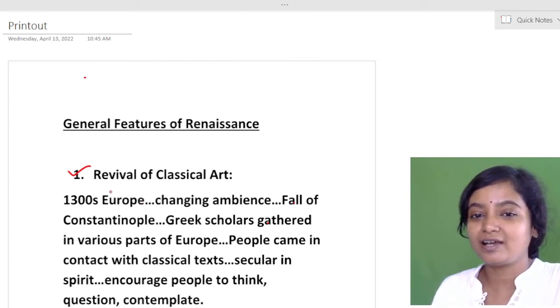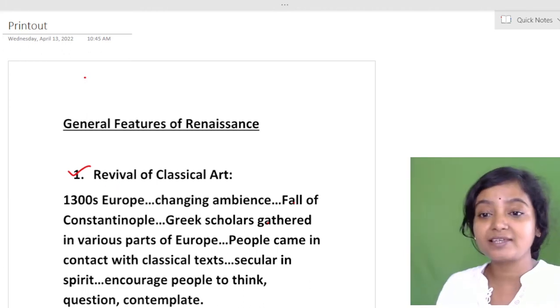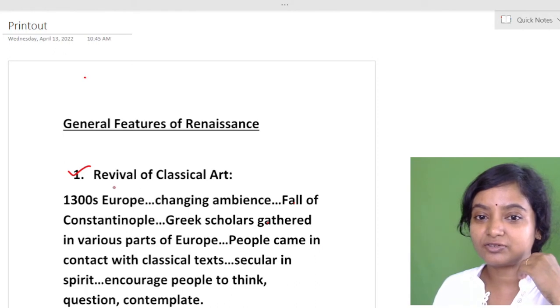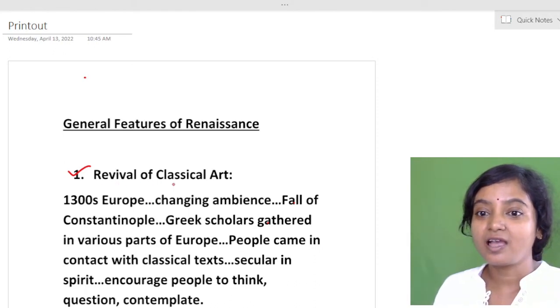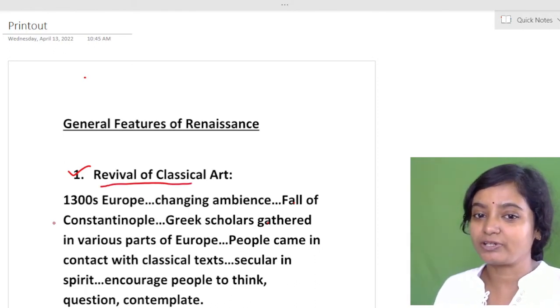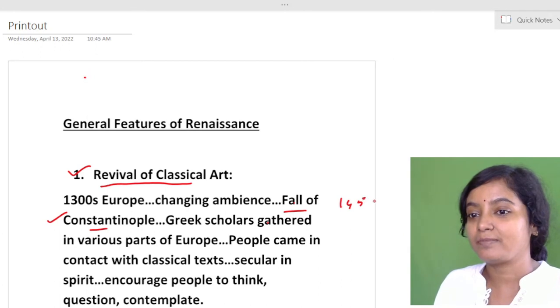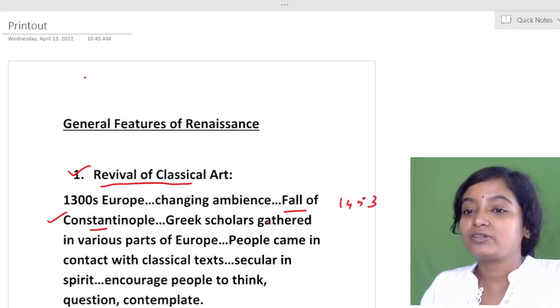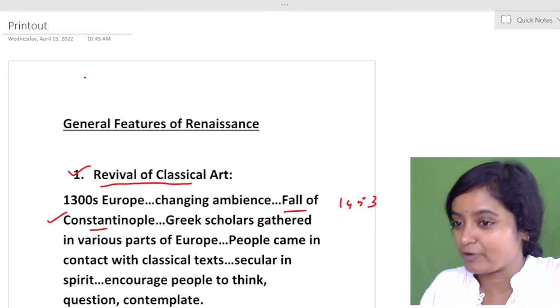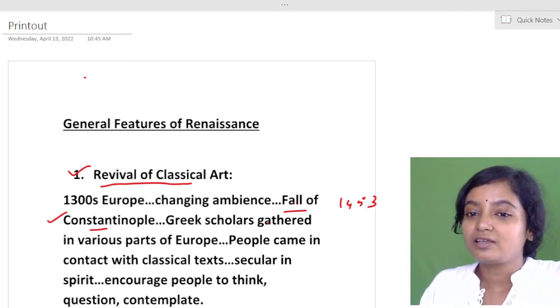Around 1300 in Europe, we find a changing ambience in European society, European history. Due to the fall of Constantinople, a landmark incident, in 1453 by the Ottoman Turks, Constantinople, the Byzantine Empire, fell. And due to this, what happened?